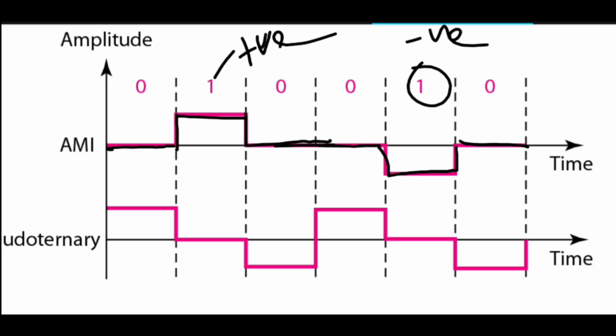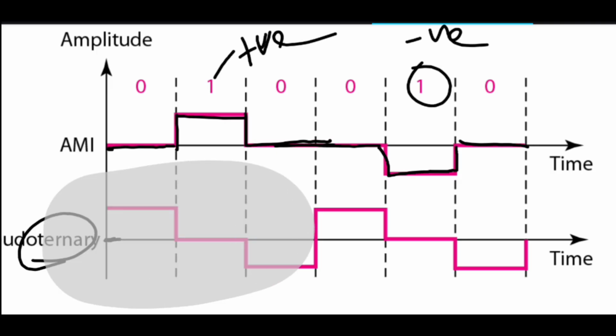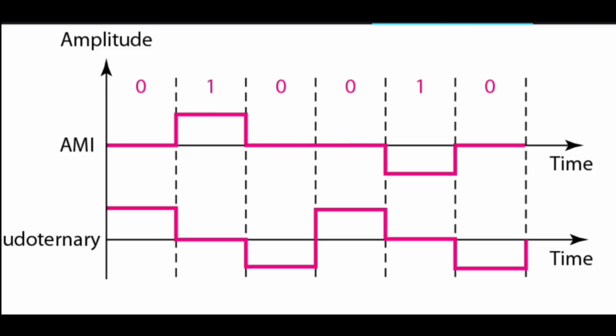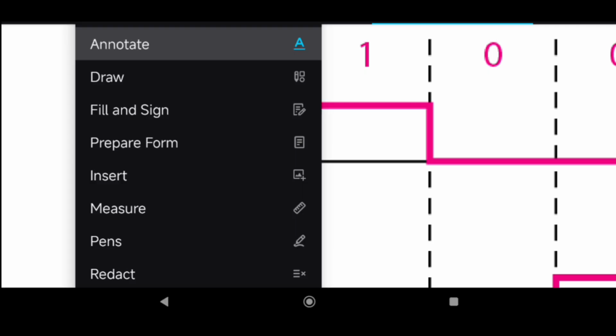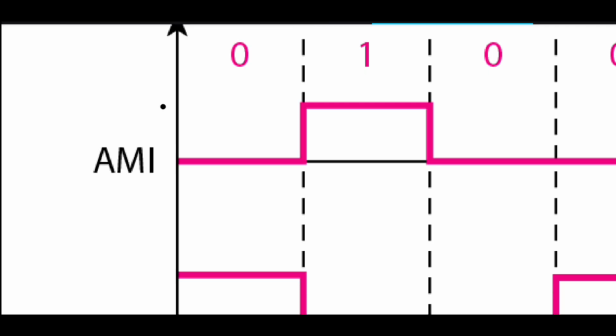Then pseudoternary is simply the opposite, okay. If there is a 0, then it will invert, and 1 is maintained at the 0 amplitude level, okay. First of all, let me do some labeling. This is our A by 2 and this is our 0, okay.